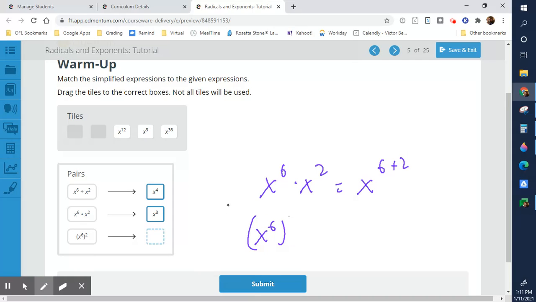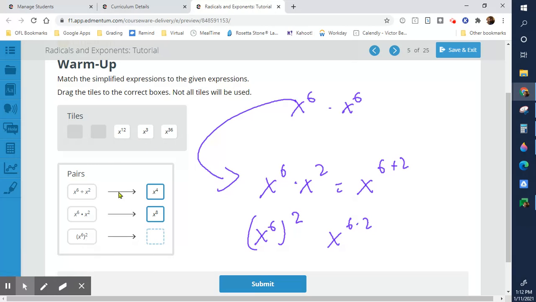I call it an exponent to an exponent. But this idea is that we're multiplying them together. And the reason for that is we have x to the 6 times x to the 6. That's what x to the 6 squared means, which would go back to the idea of adding things together. So it's kind of like an extension of that property.